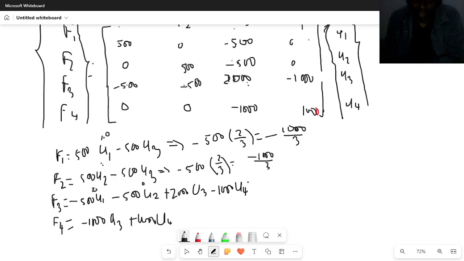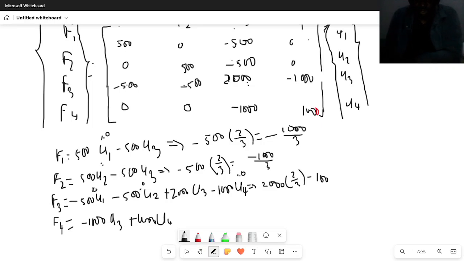So what do we have left here? We have 2000 times u3, 2 over 3, minus 1000 multiplied by u4. u4 is 0.